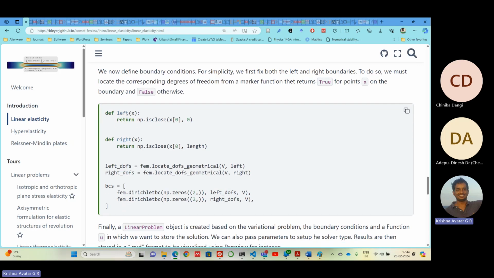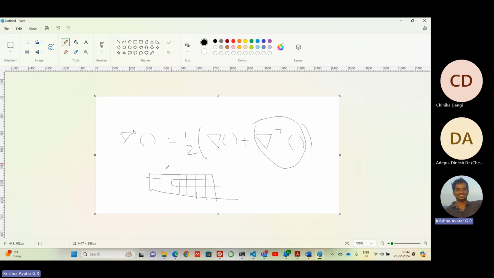And so for the left, we are just comparing the x coordinate to be zero. In this case, left will be a face, right? So we are essentially determining this here. For all the points here, the x coordinate will be 0. And on the right-hand side, for all the nodes on this, x will be equal to 10. So that's what we are doing.